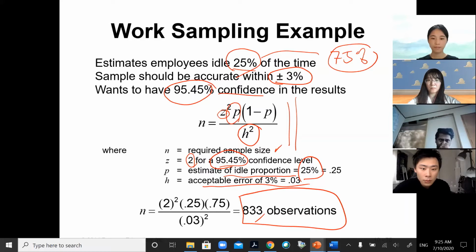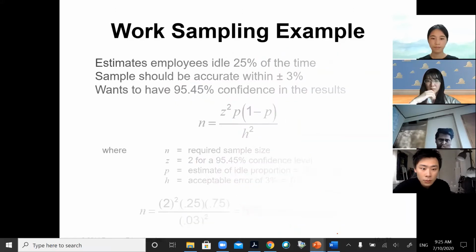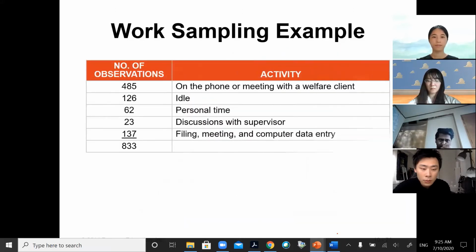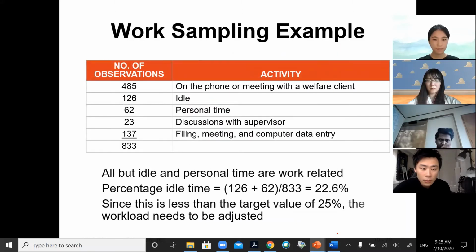If the 830 observations require 6 months, then you run your random number. For example, today I'm going to check on Rio. I go to your office with my checklist. Rio, meeting. So I check one meeting.